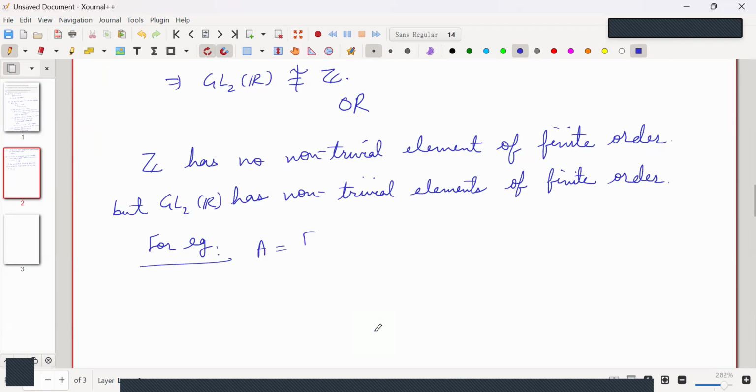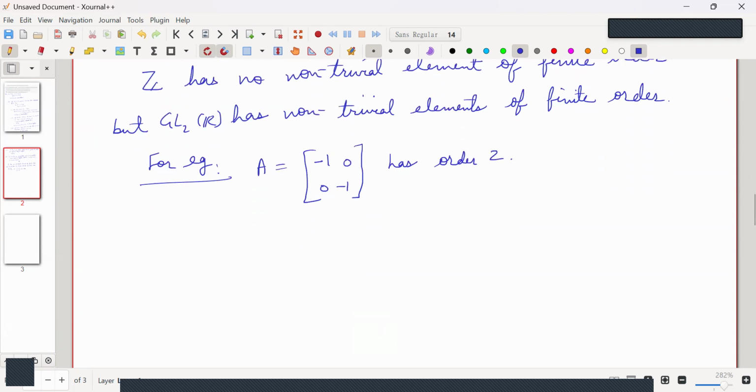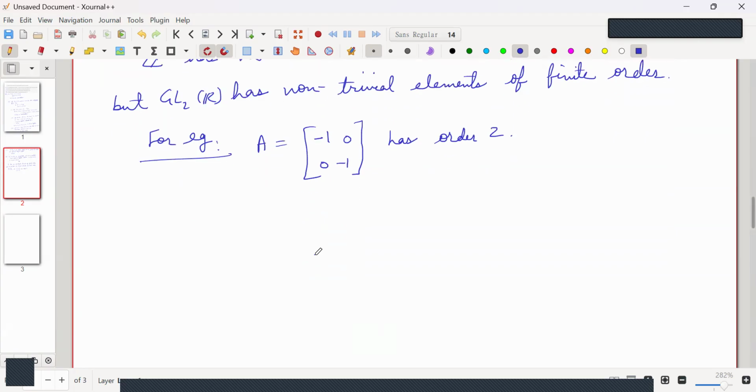What about this matrix? This has order 2, right? Right. And can we get more matrices of finite order?